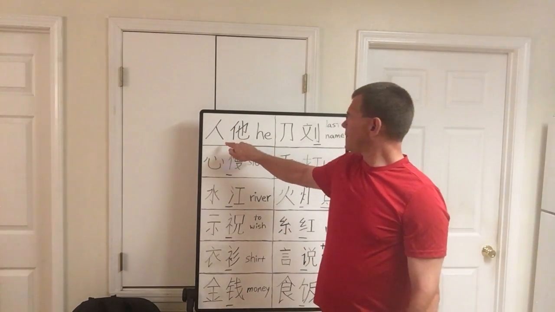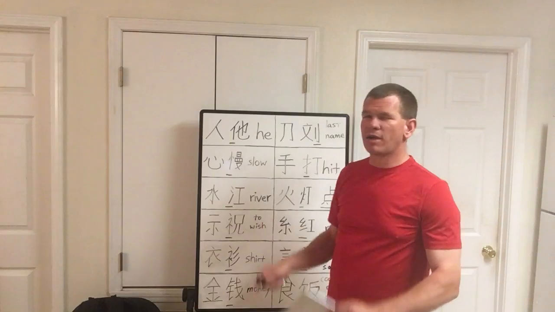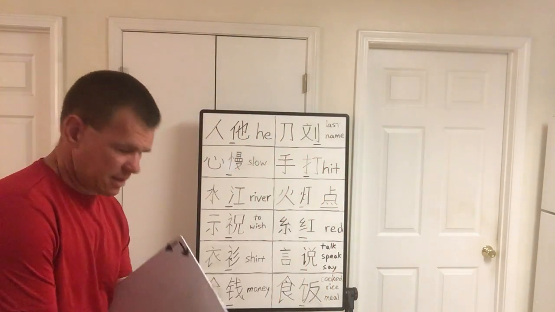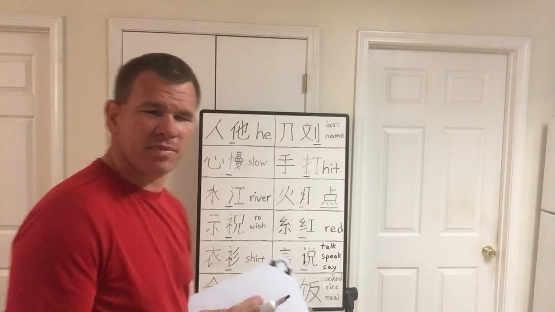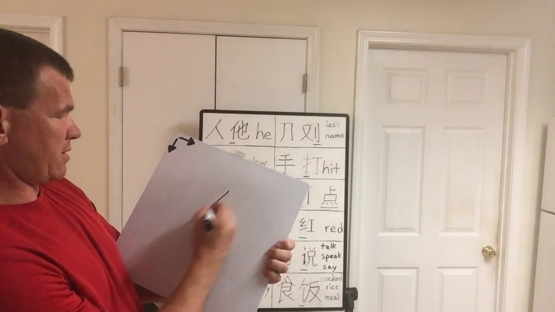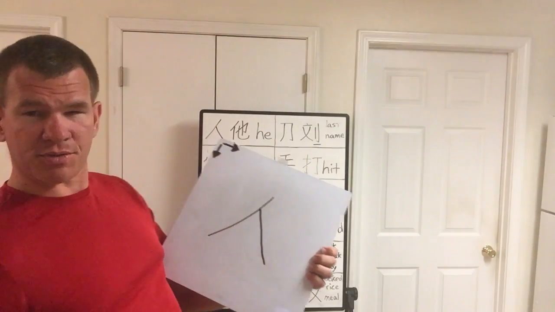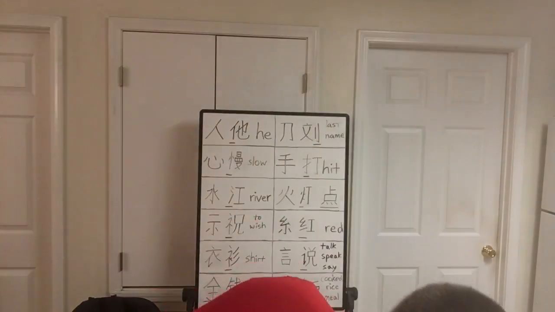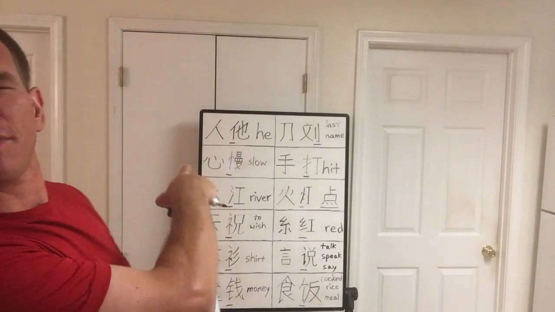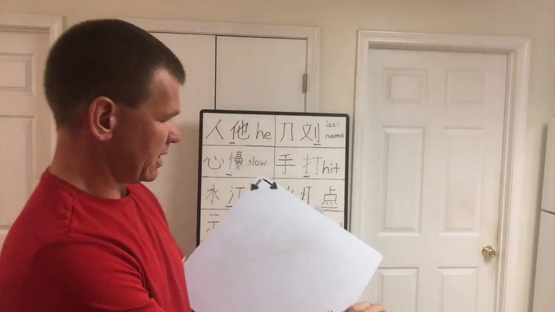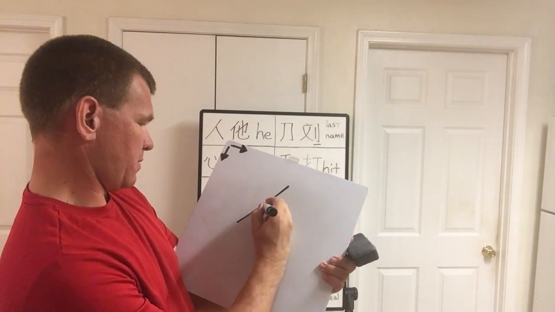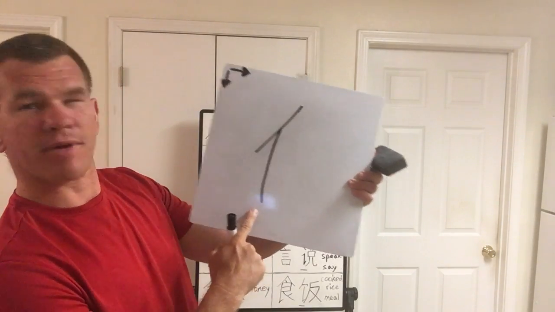Okay, so in the example, we already know how to do person. I'm going to draw them as soon as I tell you about them. So that's 1, 2 strokes, right? We've done that before. Okay. So the example is he. So this is 1, 2. That's the radical.